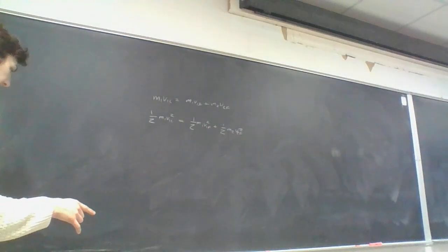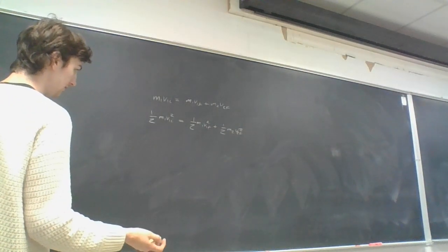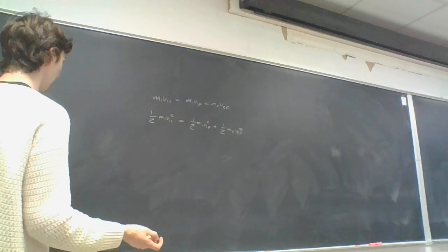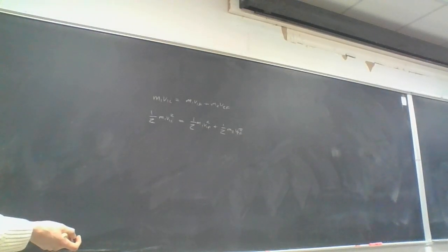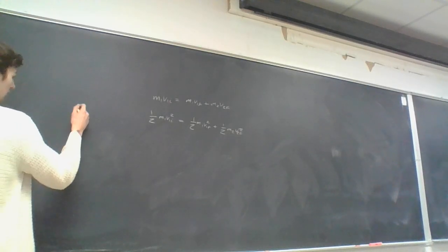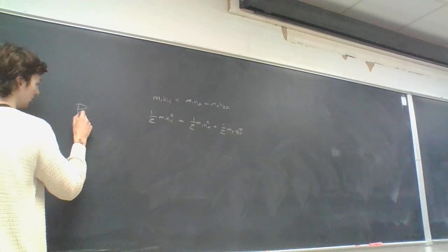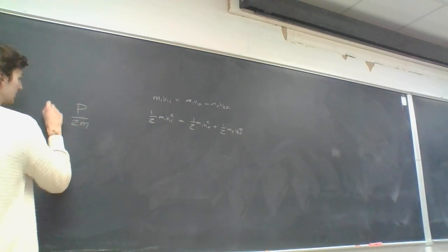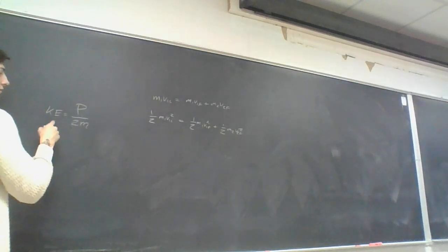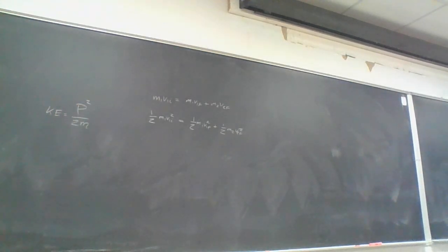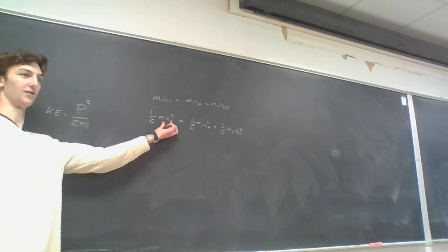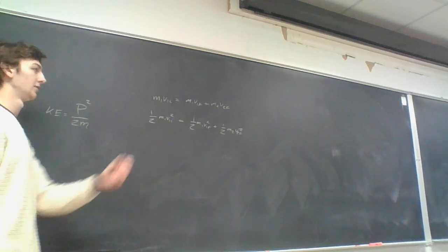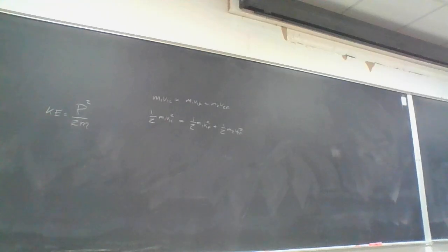Quick note, I don't know if it's something that's done in 201. It is done a lot in upper mechanics. You can write kinetic energy as P squared over 2M. The momentum is kind of nested in there, and so it's a shorthand to write the kinetic energy.